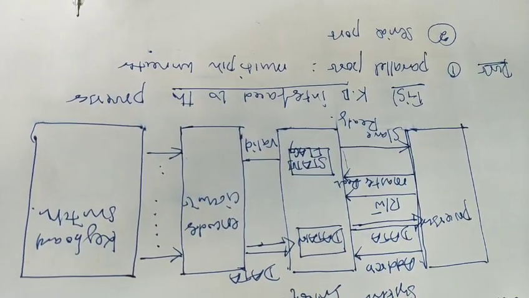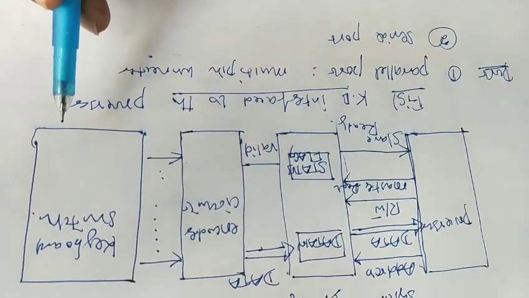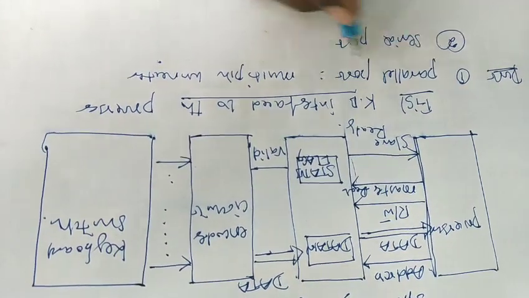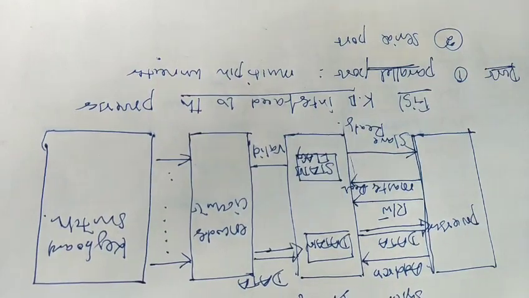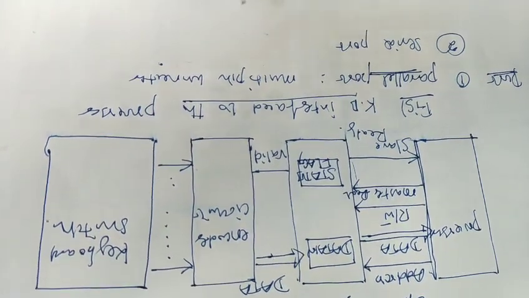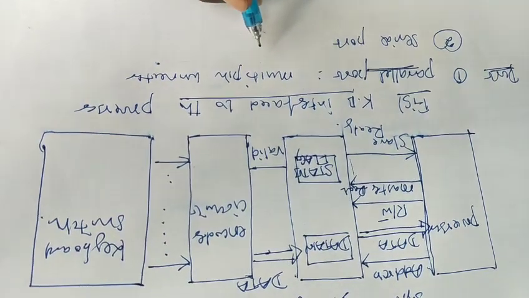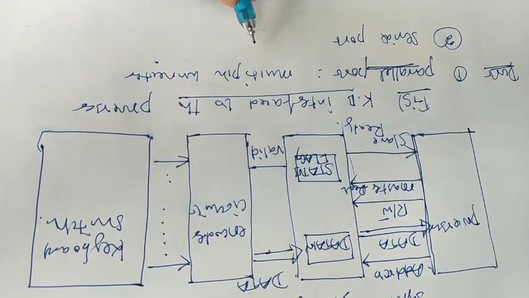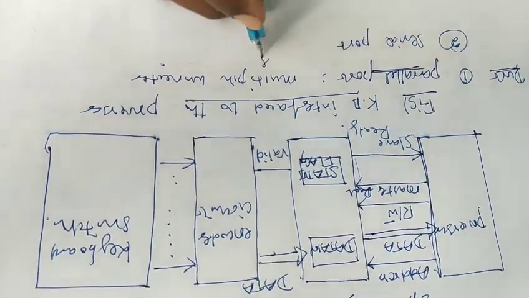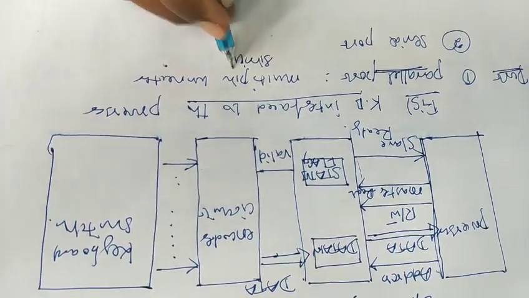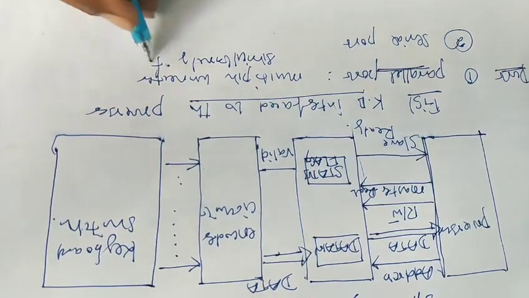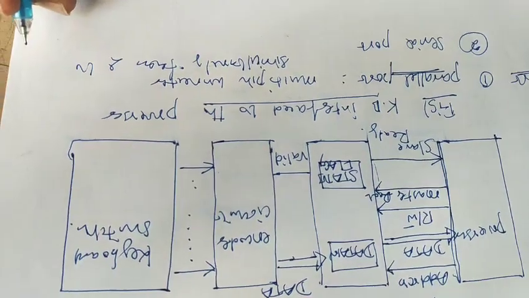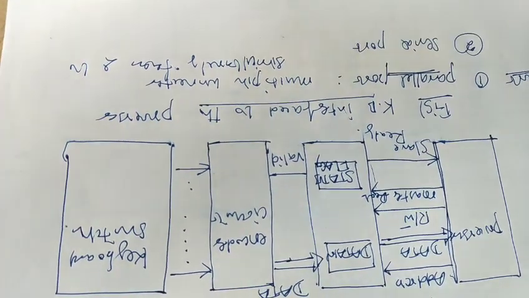In this case, it connects the keyboard or external device to the interface circuit. The main use of the parallel port is that it can transfer data as a number of bits simultaneously from one component to another, between the processor and the devices.